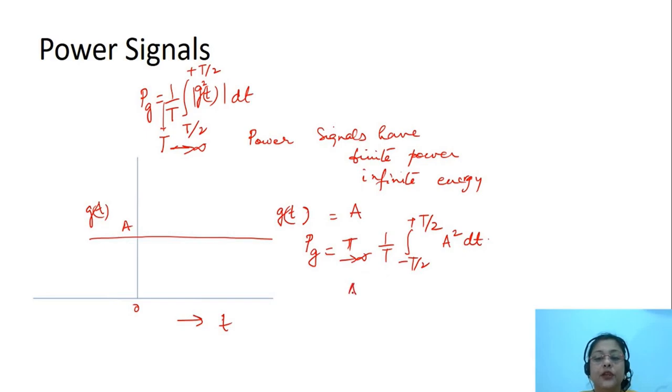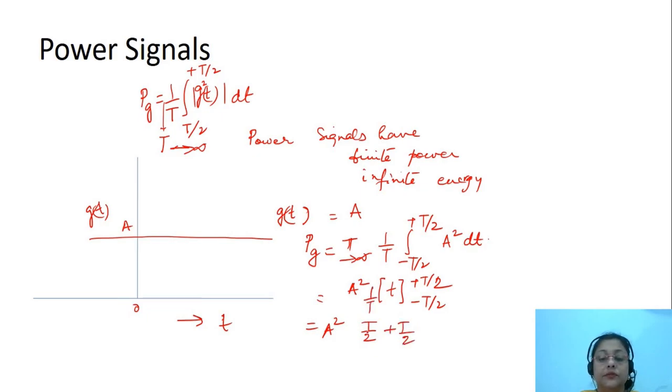So this is going to be equal to A square into, so we get it like this, A square times T by 2 plus T by 2, which will be equal to A square.